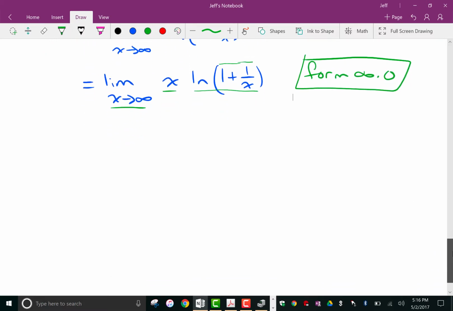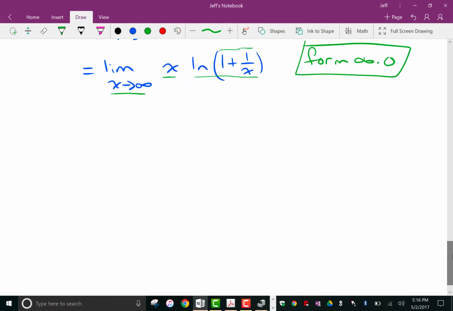So I need to turn this into something that L'Hopital's rule can use. I can either take the first thing and move it into the denominator, or take the second one and move it into the denominator. I think we can all see that moving the first one into the denominator algebraically is going to be a lot nicer.